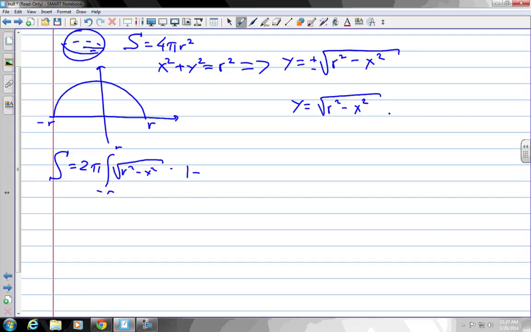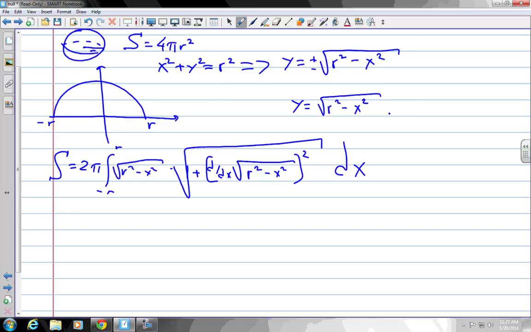So it's 1 plus the derivative of this square root, squared, still under the square root, dx. All that's in the integral from negative r to r. Now, of course, we can go from 0 to r and double that whole thing, right? It's symmetric, so we're just probably going to end up doing that. Go from 0 to r.